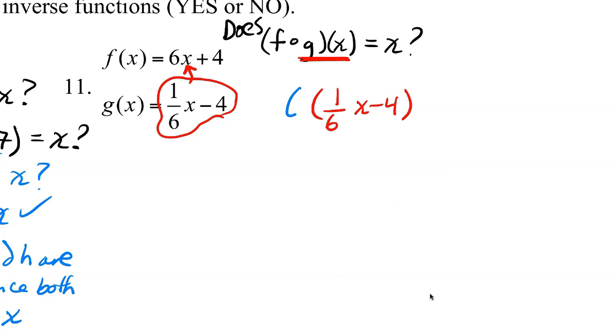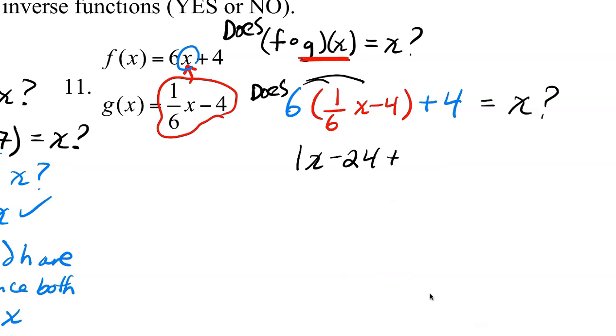So that would be 6 times x plus 4, where this x is now 16x minus 4. And the question is, does this equal x? So let's see, if we distribute the 6, we would get 1x minus 24 plus 4. Does that equal x? No, definitely not. We get x minus 20 equals x.